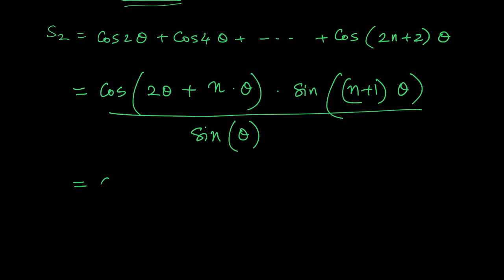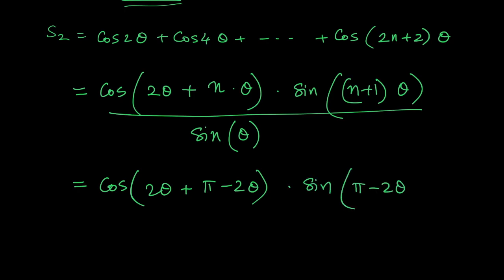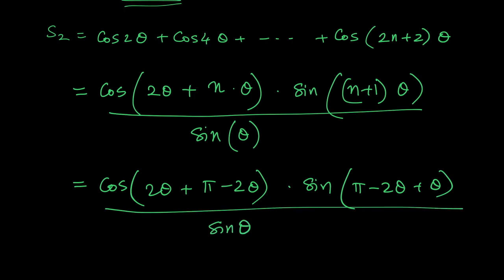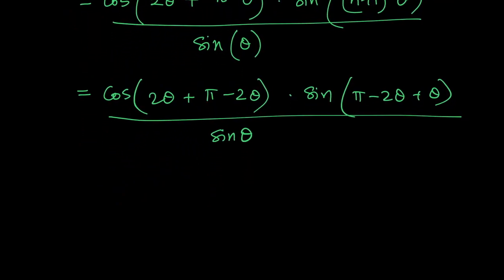Again cos of 2 theta plus n theta, which is pi minus 2 theta plus theta, into sine of n theta, divided by sine theta. So sine theta and sine pi minus theta get cancelled, and the other term is cos of pi, which is minus 1. So our S2 is minus 1.